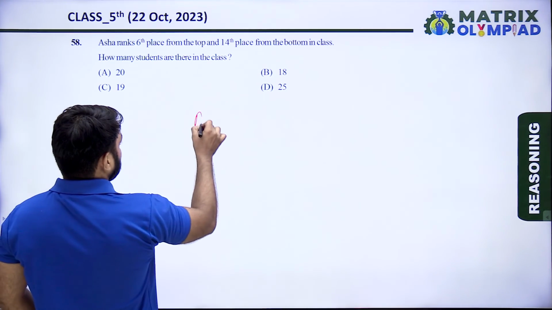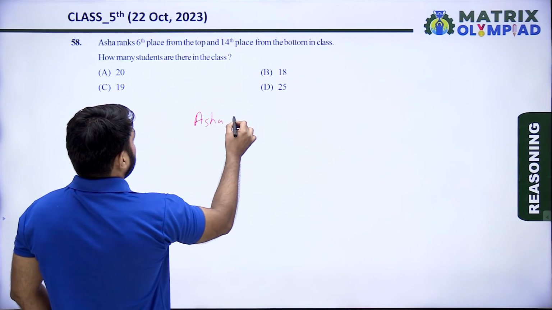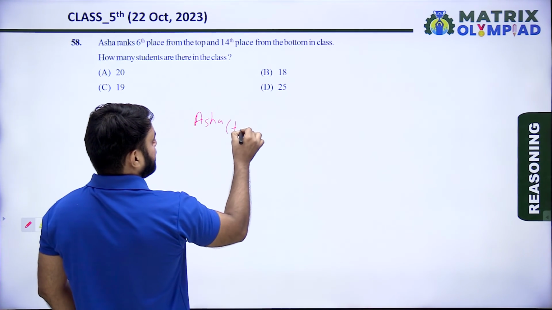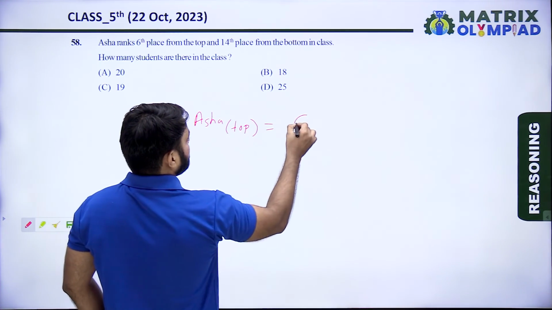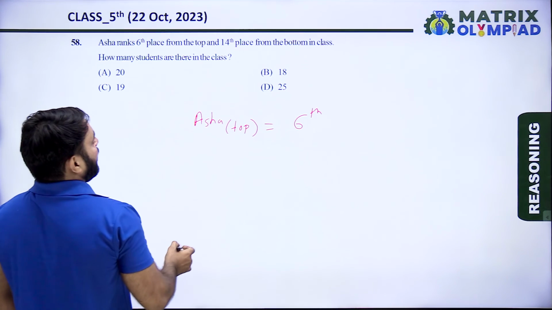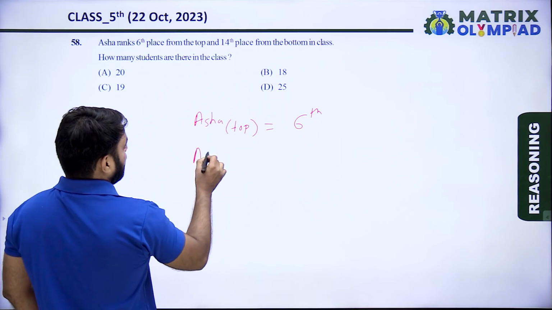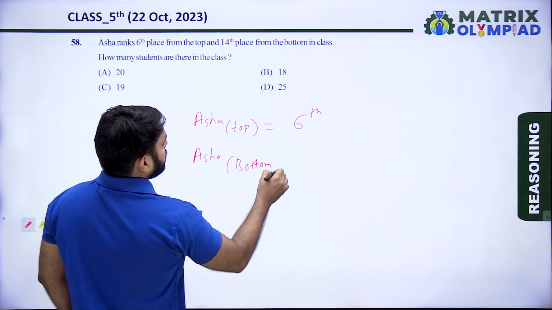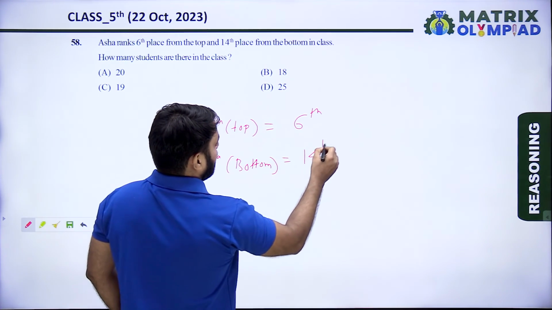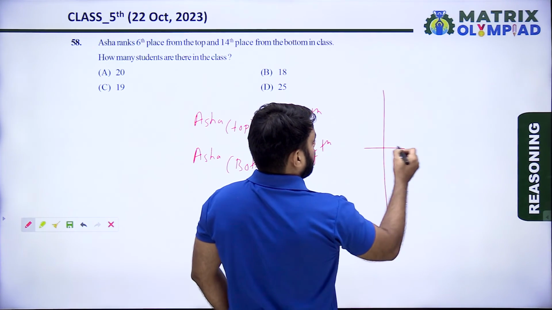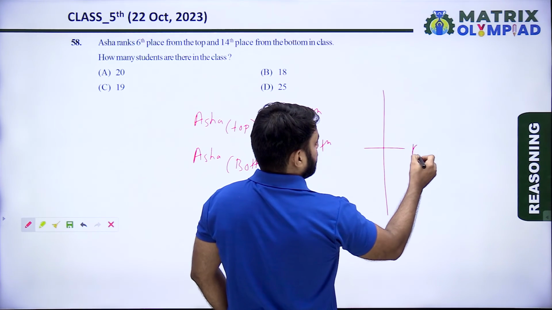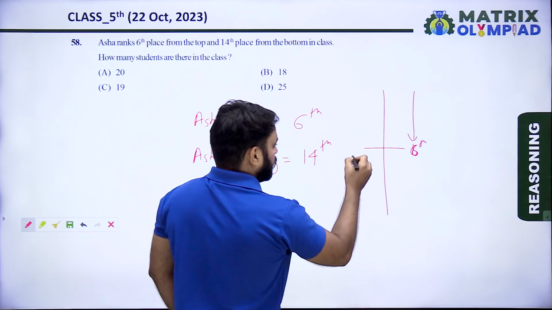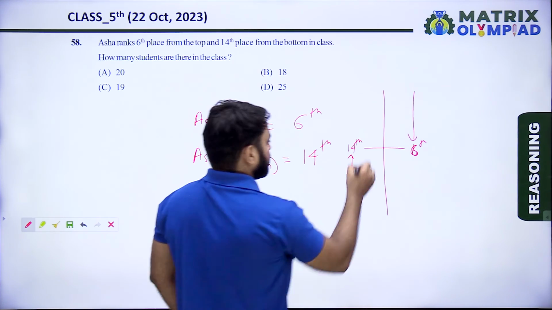So Asa's rank from the top is 6th place, and Asa's rank from the bottom is equal to 14th place. 6th place from the top side and 14th place from the bottom side.